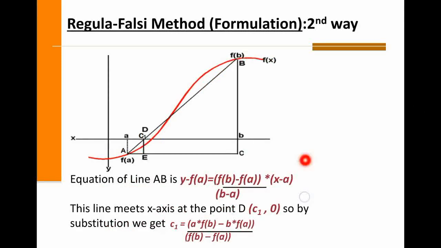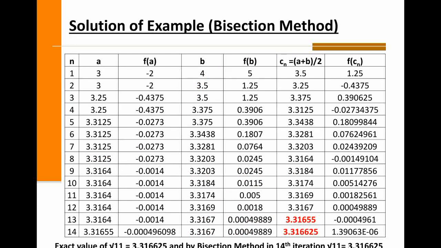So I have applied that formula, and now just see this point D, that is C1, lies on this chord, right? So substitute this point on this line, you will get the value of C1. So in the exam you can use any of the methodologies to show the formula for the regula falsi method. Both ways are correct, right? Do any one.